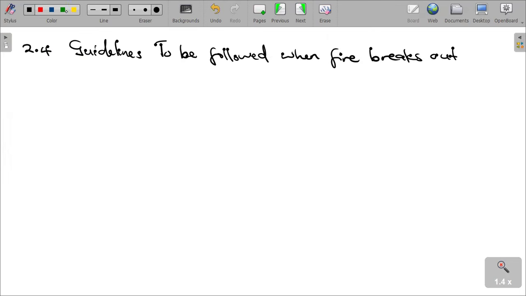So this includes, 1, ensure that all employees are safe, by doing a roll call. So first you need to activate the alarm, to inform employees that there is fire.